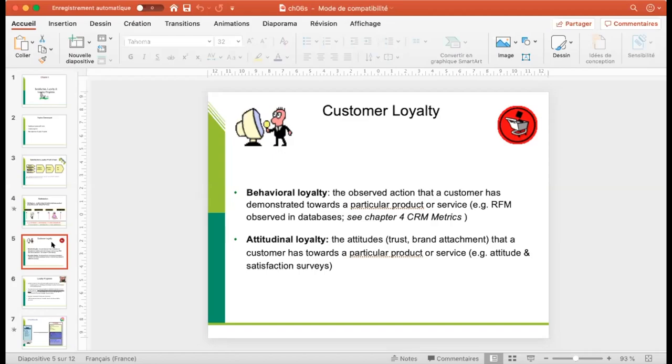That is why CRM aims at creating attitudinal loyalty by establishing personalized relationships. The brand creates trust and brand attachment. So CRM clearly aims at increasing attitudinal loyalty through personalized relationships in order to create trust. And once you have attitudinal loyalty, then the behavioral loyalty should also increase.